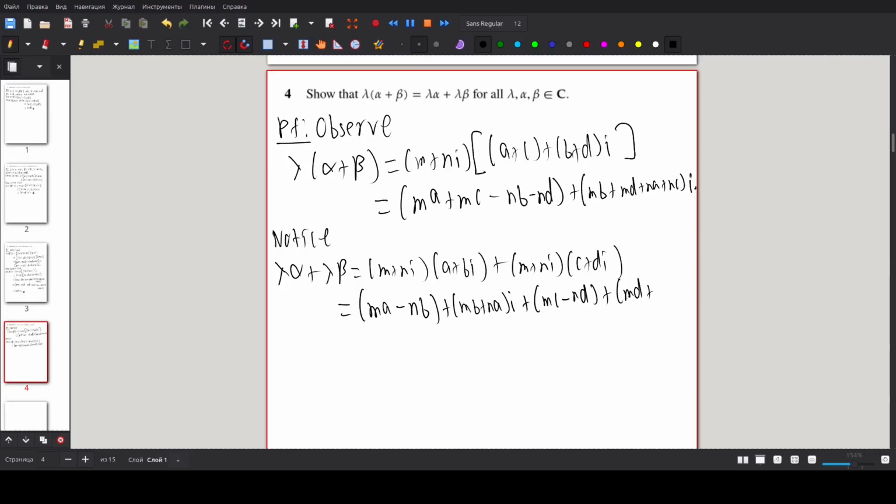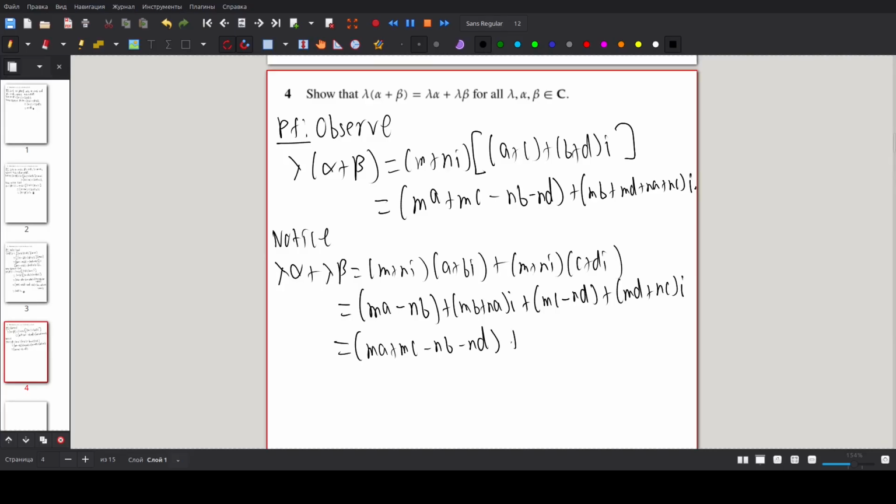I think it's a C. Yeah. Okay. And then we're going to combine the real parts and the imaginary parts. So that's going to be MA plus MC minus NB minus ND.